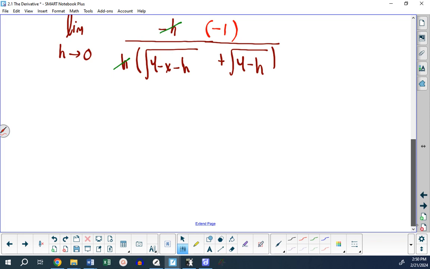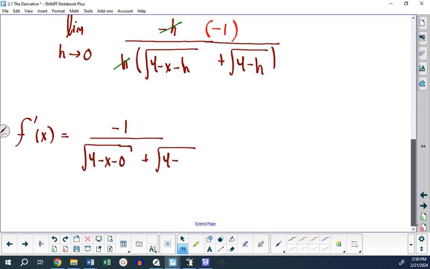Now I can put h equals 0 in, and for this, which is the derivative of the function, I get -1 over root 4 minus x minus 0 plus root 4 minus x. This h here should be an x.